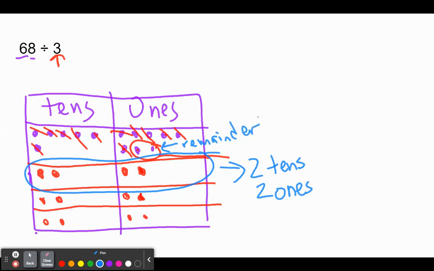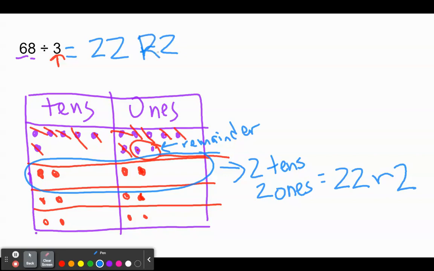So our quotient is going to be equal to 22, 2 10s, 2 1s, and a remainder of 2 1s. So our quotient is 22 with a remainder of 2. That's how we would write that. We could write it with a lowercase r or with a capital R. Either one will work.